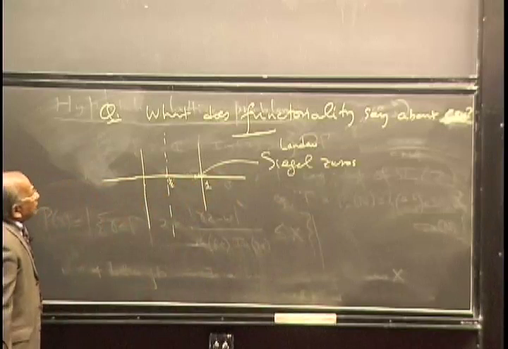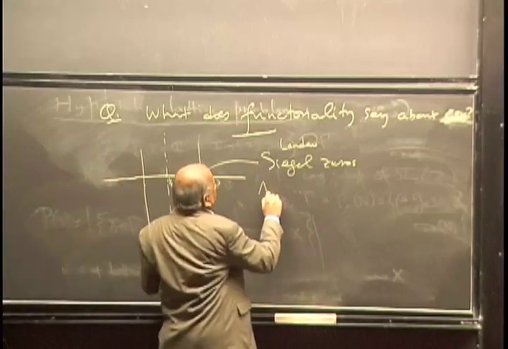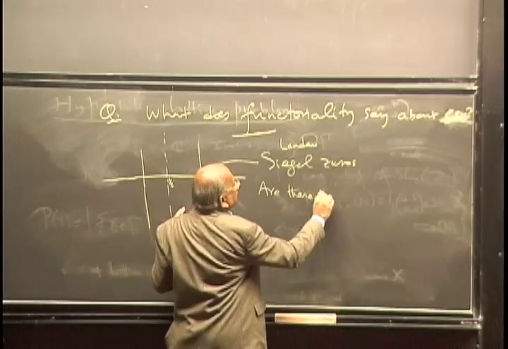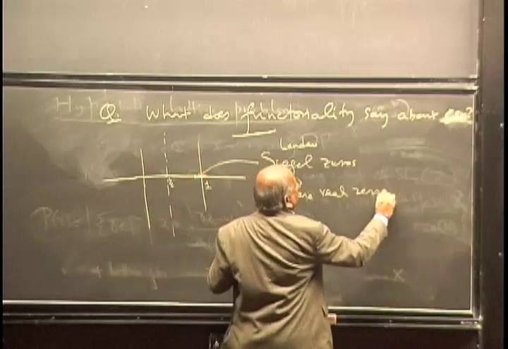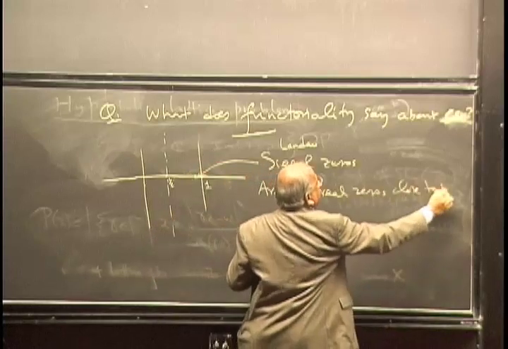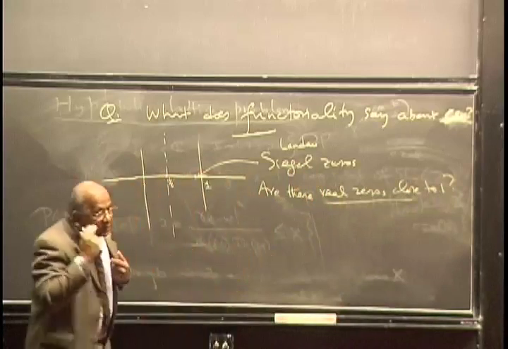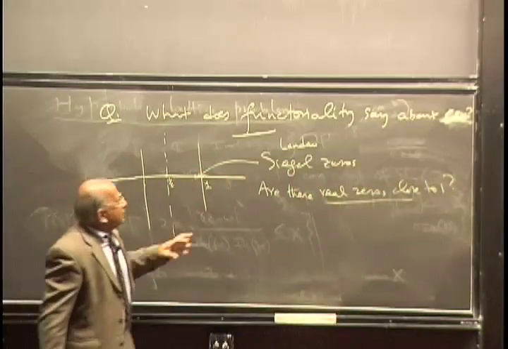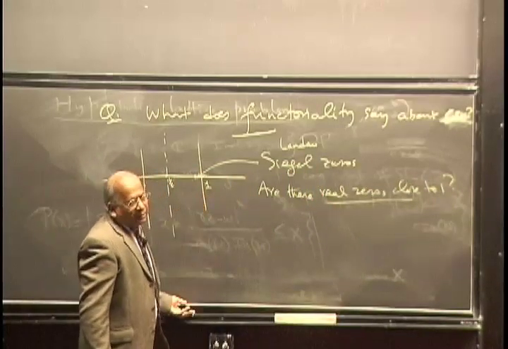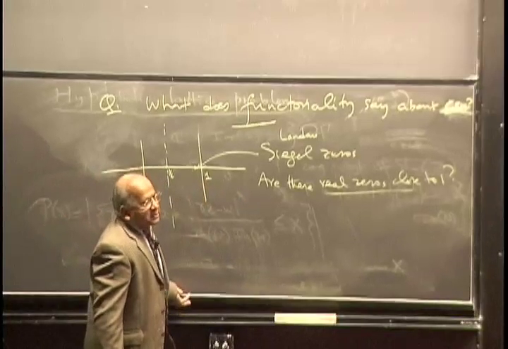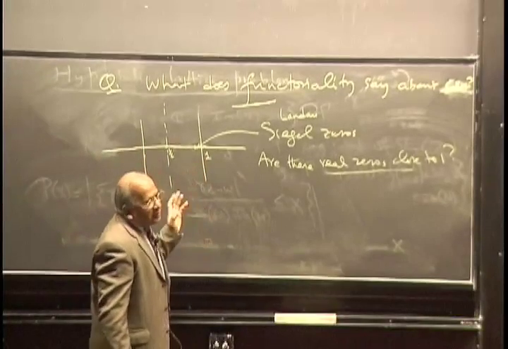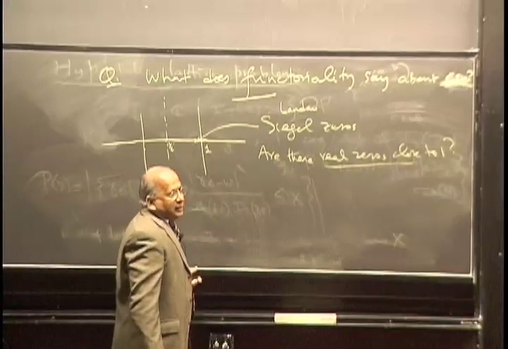And so you can ask, are there zeros close to 1? Are there real zeros close to 1? The first thing I was trying to think is, is this somehow implied by Functoriality? Because it gives a lot of information about s equals 1 and to the right. So does it give anything here?